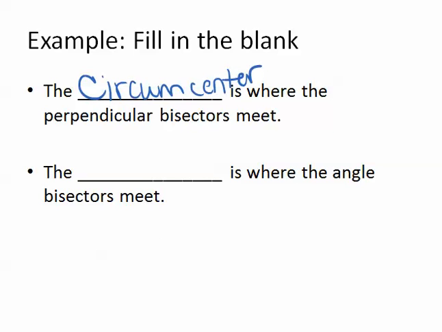Next one. The blank is where the angle bisectors meet. The incenter is where the angle bisectors meet.